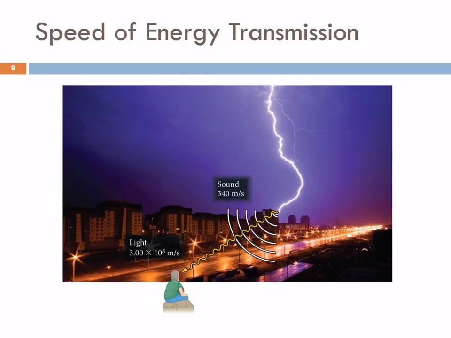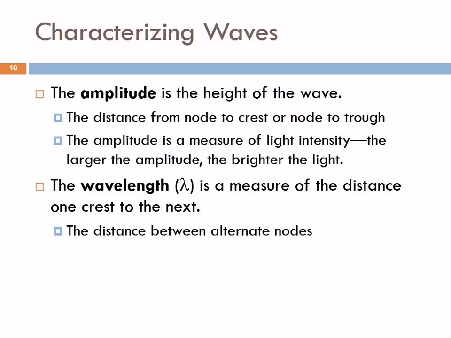The sound is moving at 340 meters per second, and the light is moving at 3 × 10⁸ meters per second. So we can actually count seconds and estimate the distance based on that. But all light, all electromagnetic radiation, travels at the same speed. Even fireworks, same thing. You see the light and then you hear the sound.